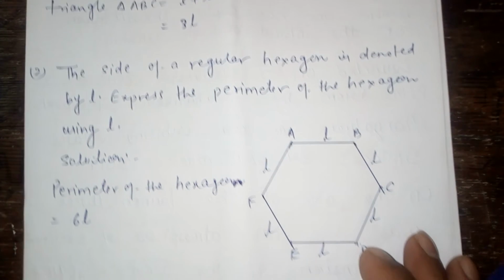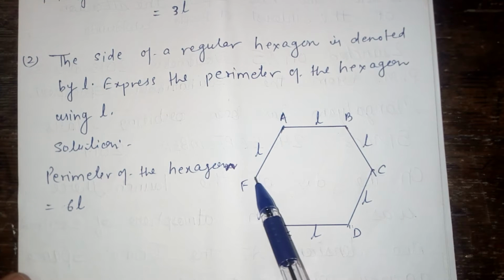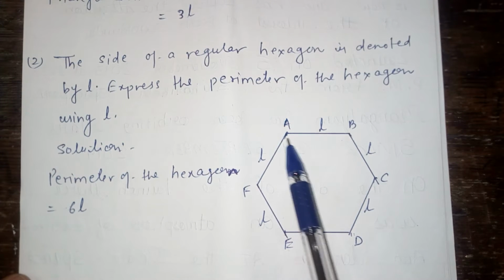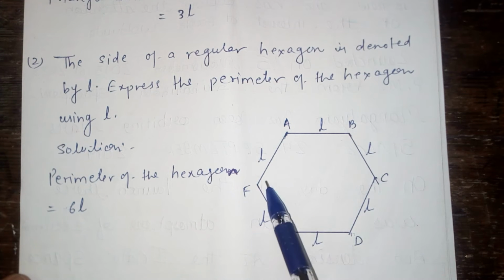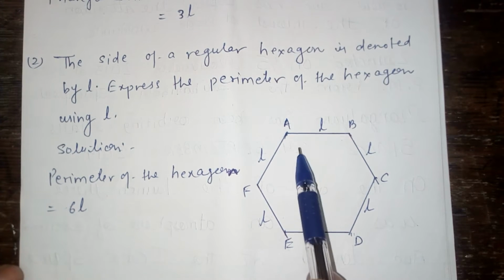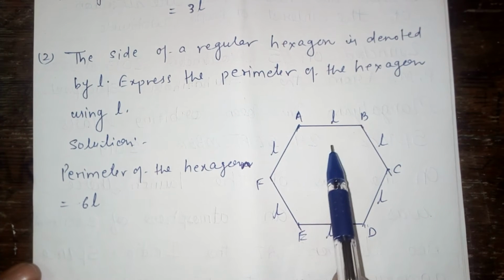Okay, my dear students, in this figure A, B, C, D, E, F is the regular hexagon. As you know very well, in this regular hexagon all sides are of equal length. So the perimeter of the given regular hexagon will be how much?